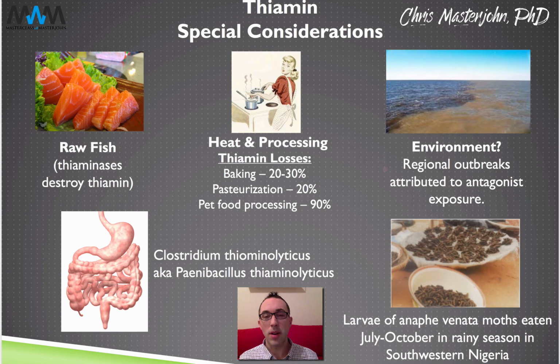The interesting thing about thiamine is that the most likely causes of deficiency aren't low thiamine intakes. They're low thiamine intakes compared with other factors that antagonize thiamine status. One of those is thiaminases, enzymes that break down thiamine that can be found in raw fish. Now, clearly, the consumption of raw fish is associated with good health in a variety of cultures.